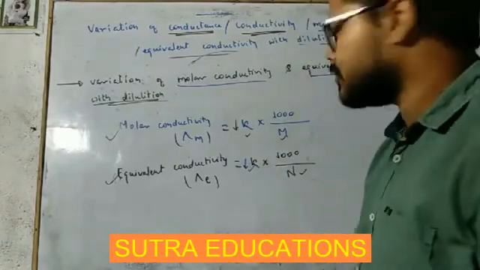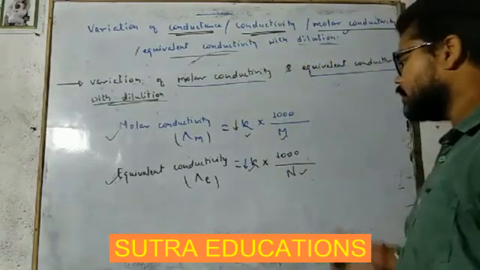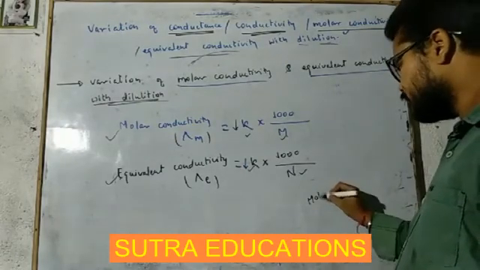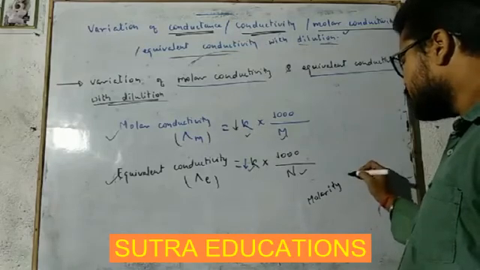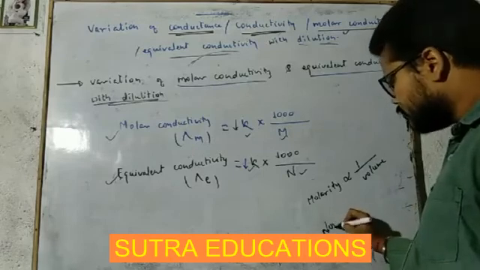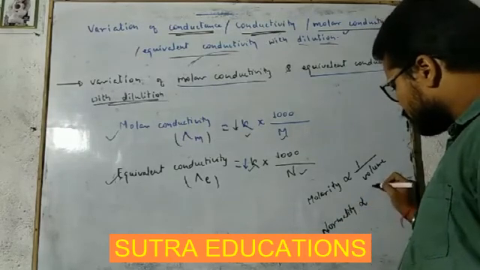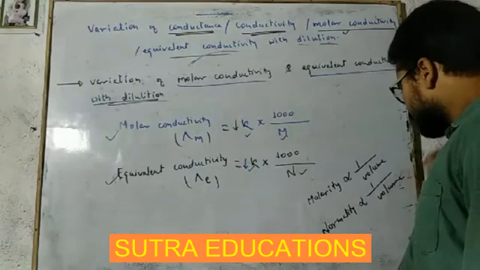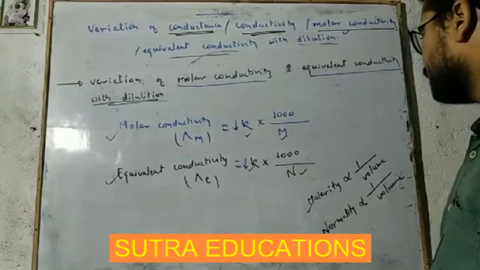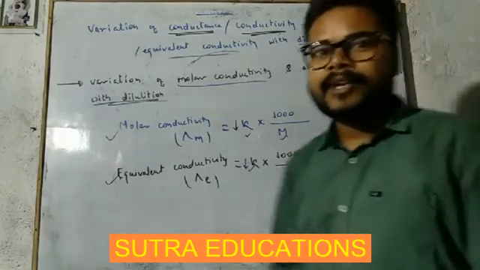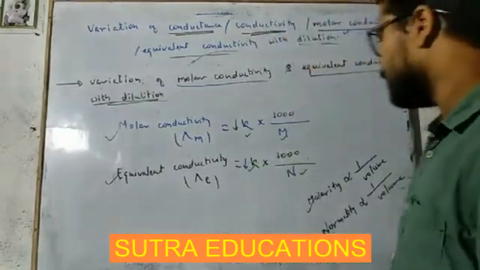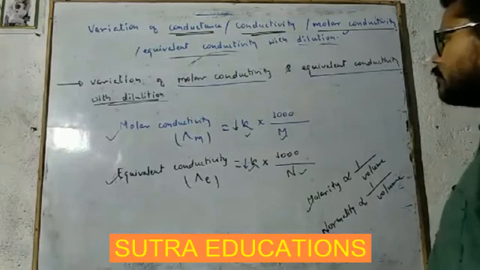This we have discussed. What about this molarity? Molarity is inversely proportional to volume, and normality is also inversely proportional to volume. So you are diluting the solution, means you are adding more and more water, so volume is increasing.